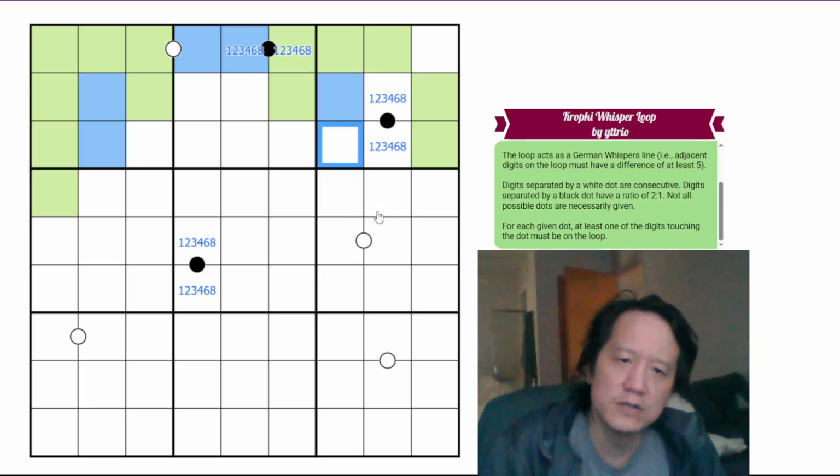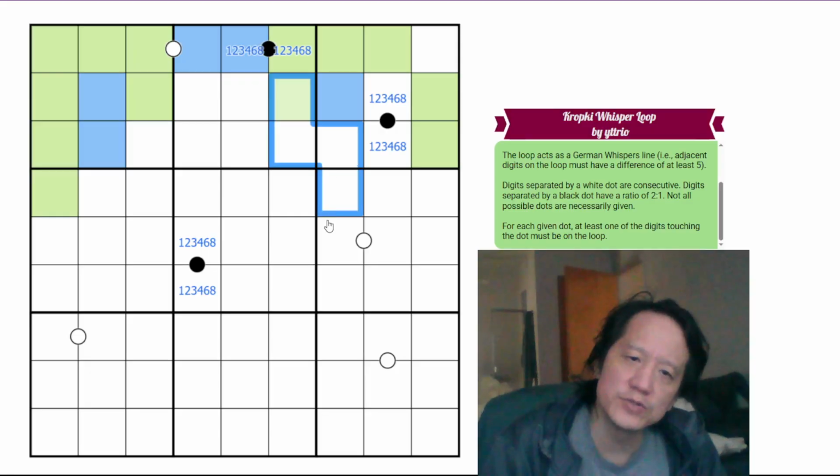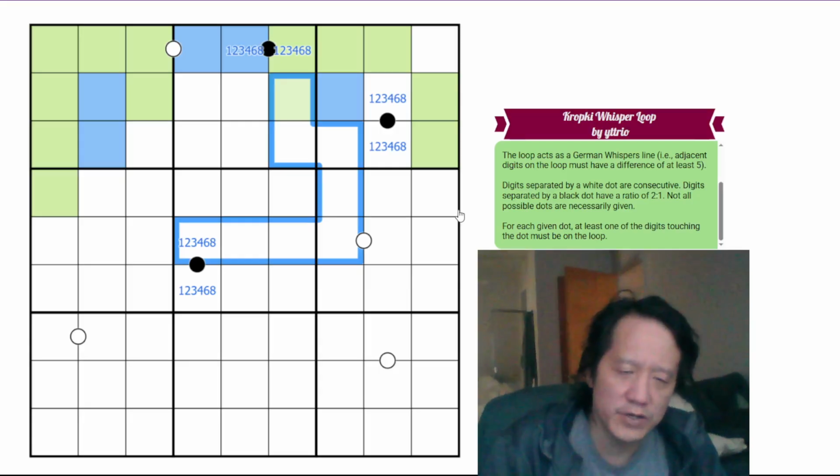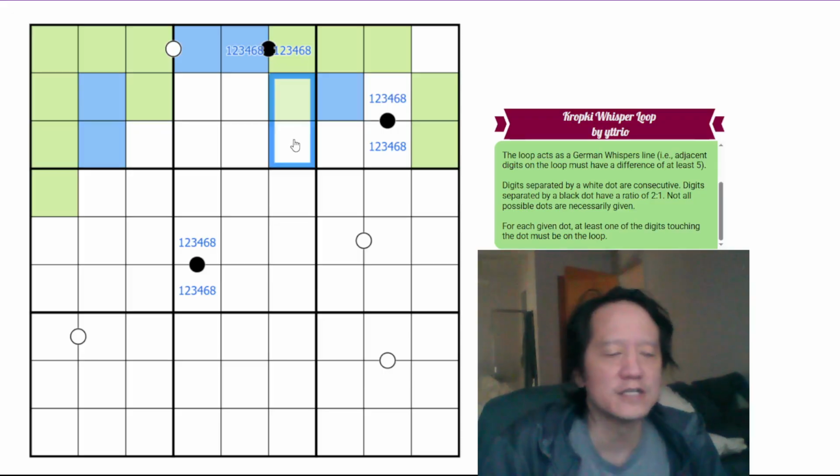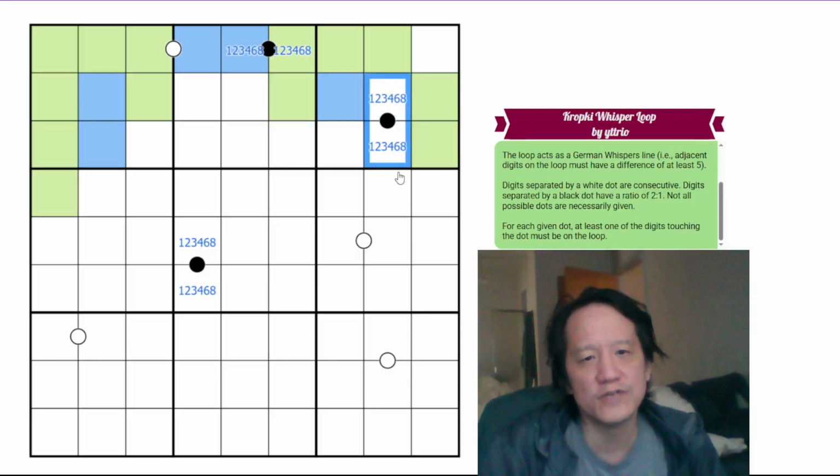Well, would it? It could technically go this way. Yeah, it could do something weird like that. That's possible. So we won't rule that out. No, actually, it cannot. One of these two is definitely on the loop. And if it goes this way, it would be considered touching itself there. So this is not on the loop.